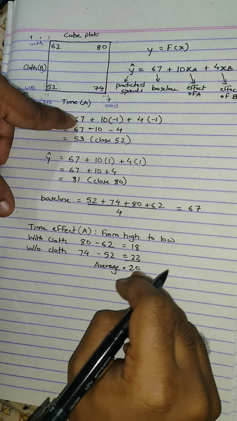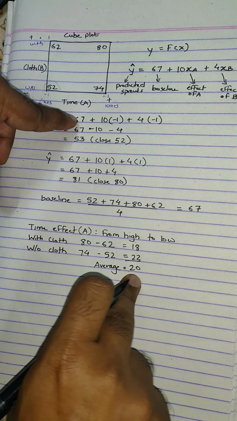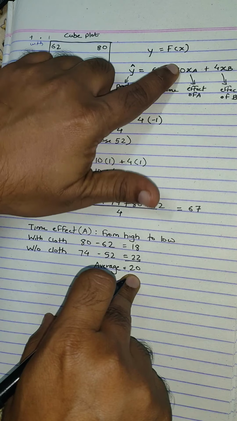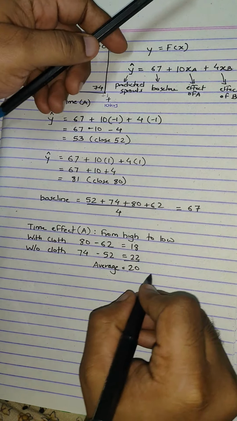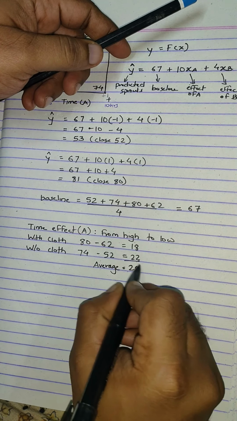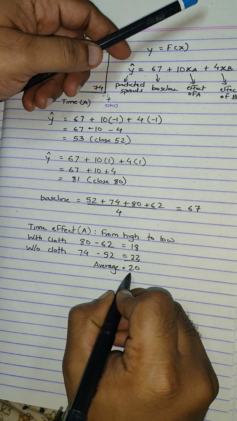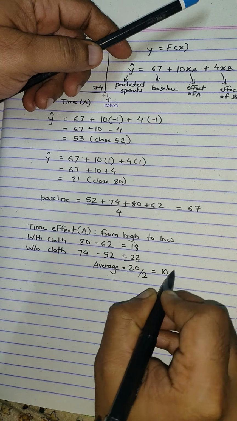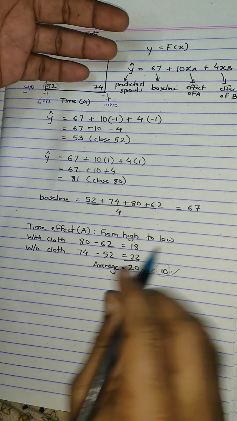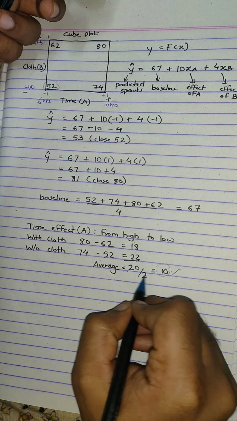So we got the effect of A as 20, but in the equation there is a 10. Let me explain how it is 10. That is because we have divided the main effect by 2 and reported this value, 10. Why have we divided by 2?